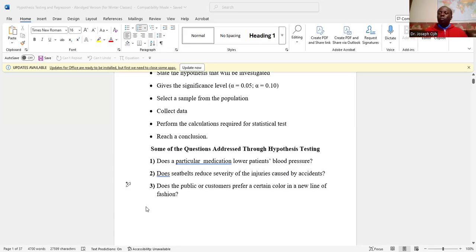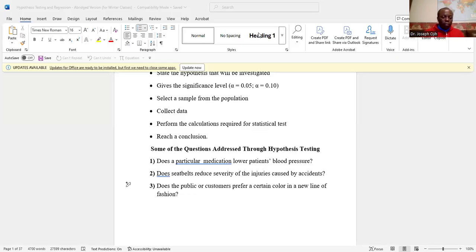Now we can answer a lot of questions using this method, like: does a particular medication lower patients' blood pressure? Do seatbelts reduce the severity of injuries caused by accidents?